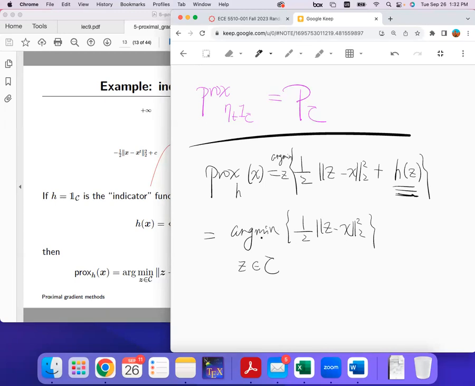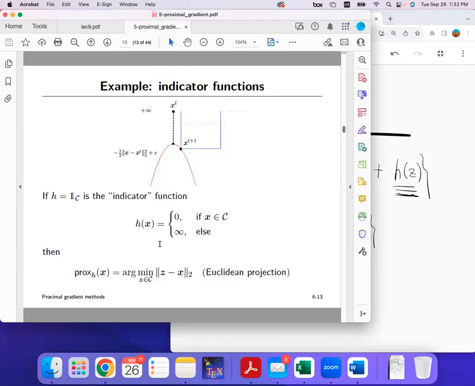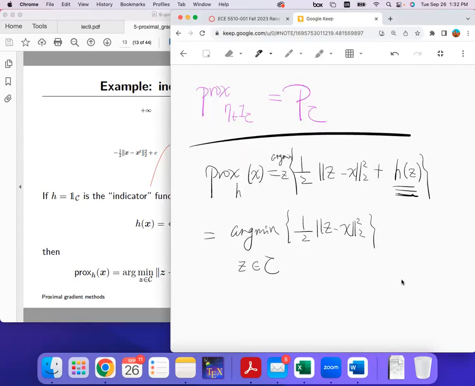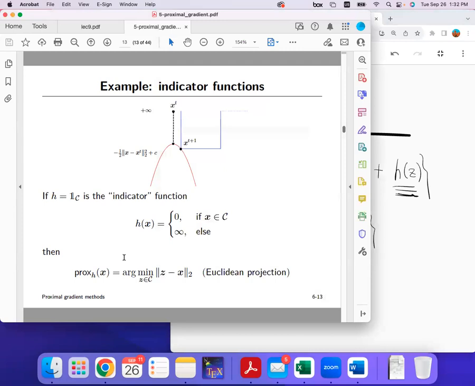And minimizing the distance squared is equivalent to minimizing the distance. It doesn't matter. And also we can ignore the coefficient 1 over 2. It doesn't affect the minimizer. So in the end, it is equivalent to this one, right?